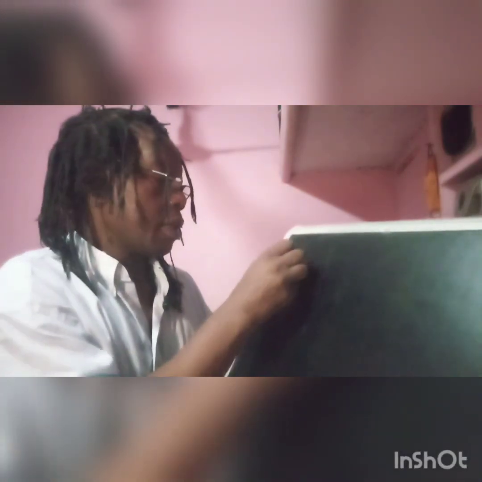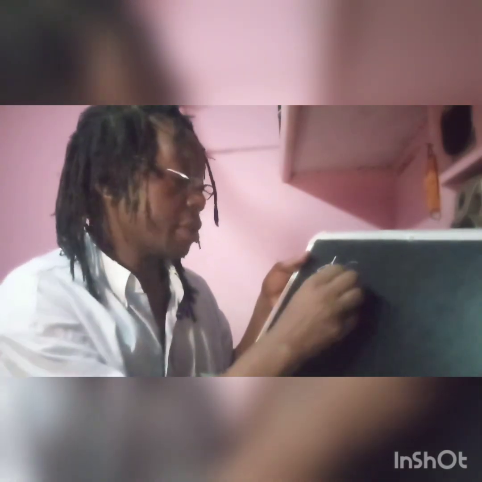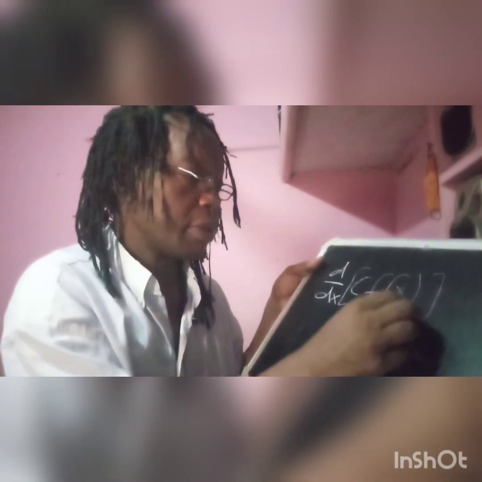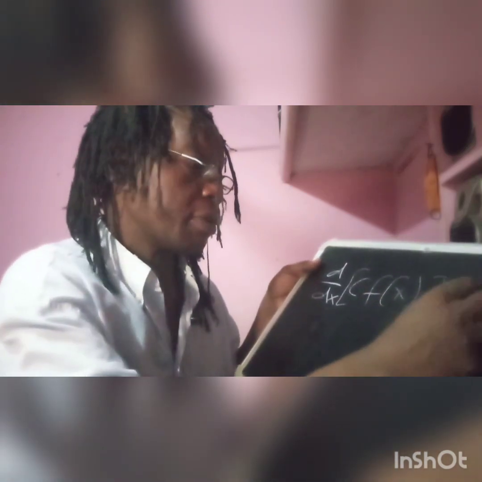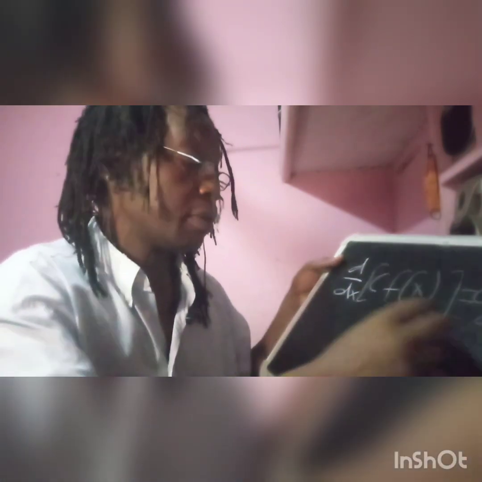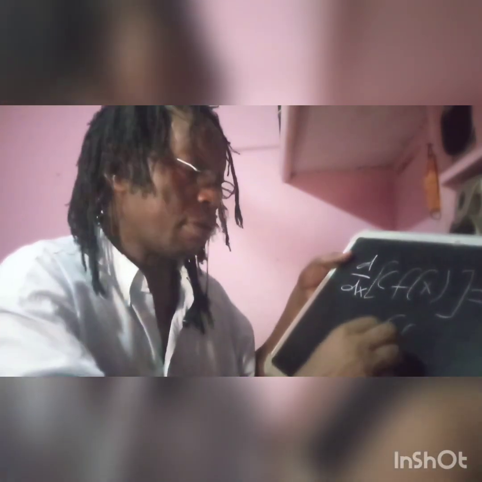Now let's go to the constants. In constants, I'm going to write it out again. This is maths. So we have d over dx of c, which is a constant, times f, which is a function of the placeholder x. This is equal to c, the constant, times d over dx of the function f of x.